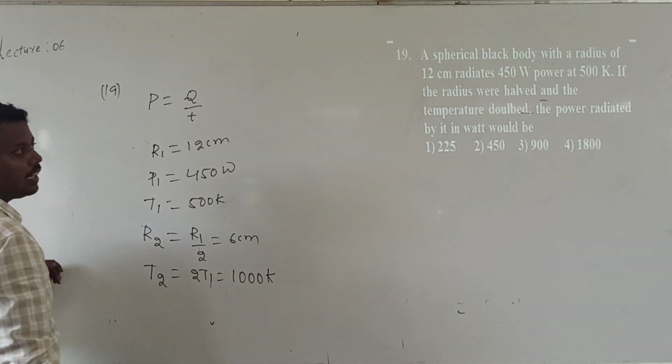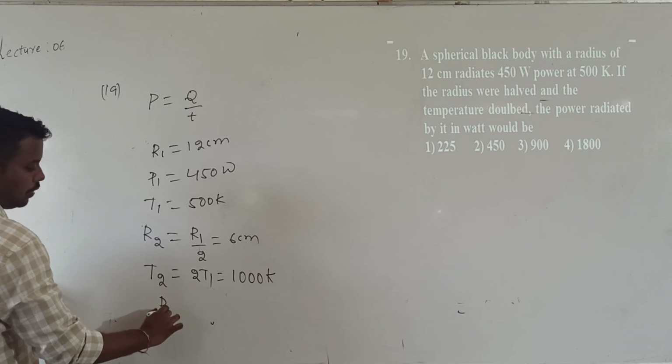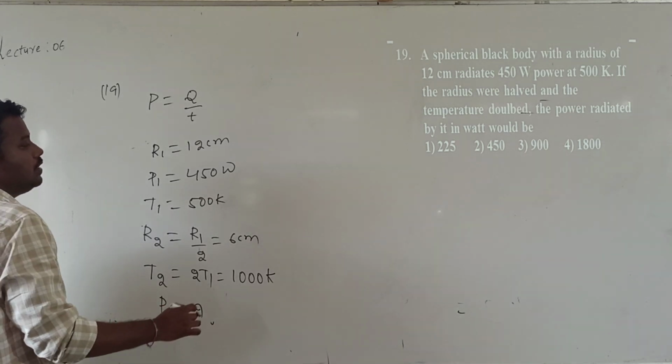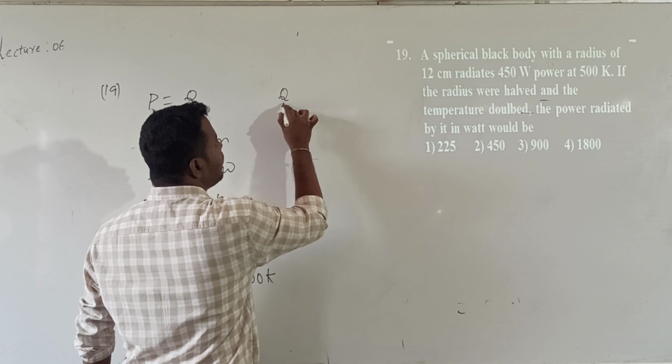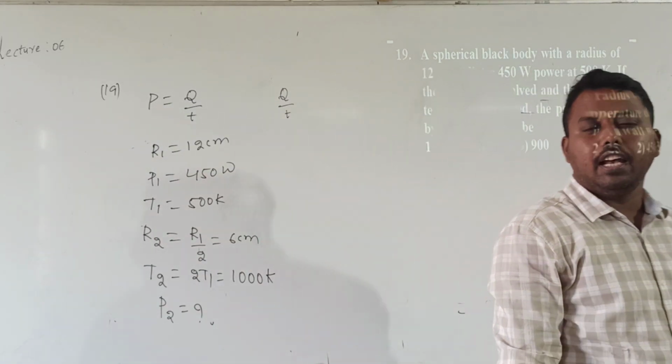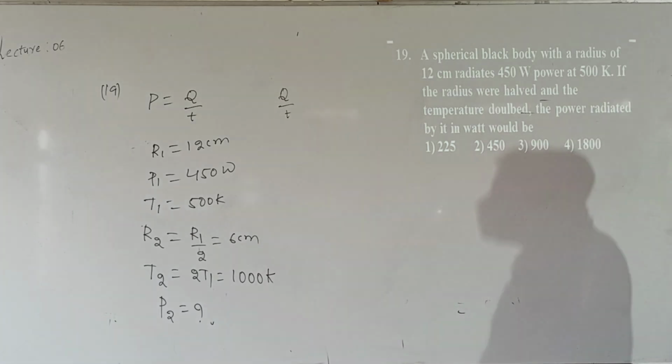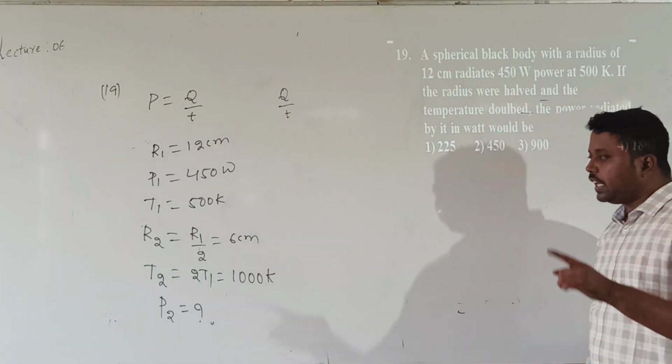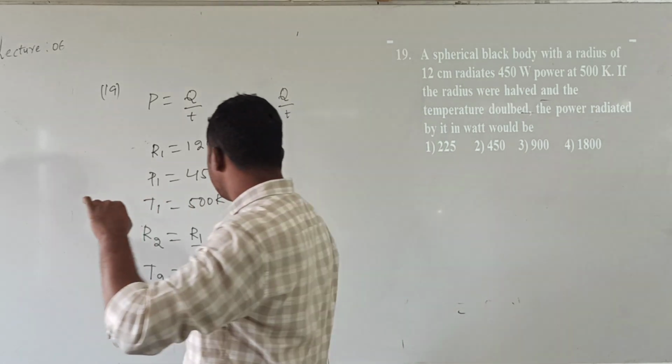What are they asking us to calculate? The new power value. What is the formula we have to write? The amount of heat emitted is directly proportional to the 4th power of temperature.